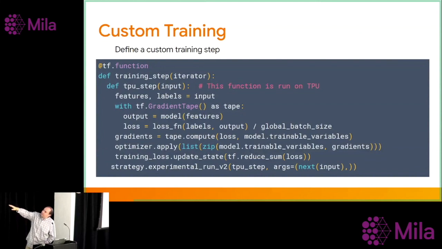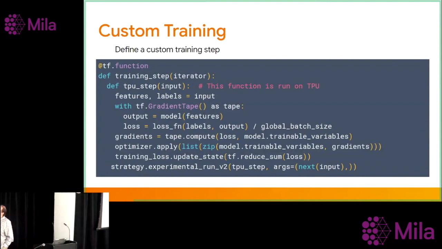Inside this training step, we have a secondary function. This is what we call my TPU step. It's hard to see here, I apologize for the color of the comment. But basically, everything inside this TPU step function is just going to be run on the TPU. Anything outside of it will be run on the CPU, and everything inside will be run on the TPU. We do the exact same sort of things that we talked about earlier with 2.0. You take your inputs from the model, you create your gradient tape, you run the model function on those inputs, you get your output, you compute your loss.